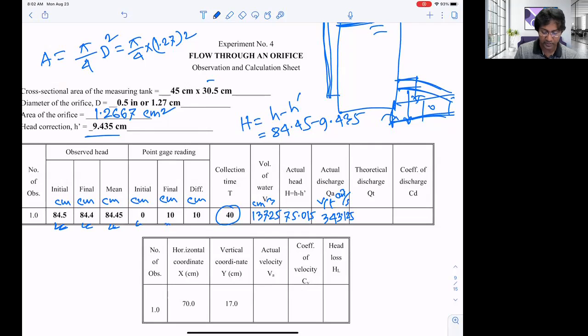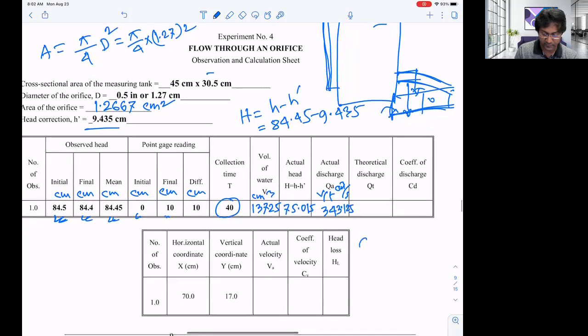And what will be the theoretical flow rate? Theoretical flow rate is QT equal to A root over 2g, H to the power half.